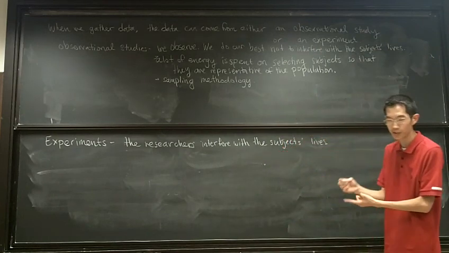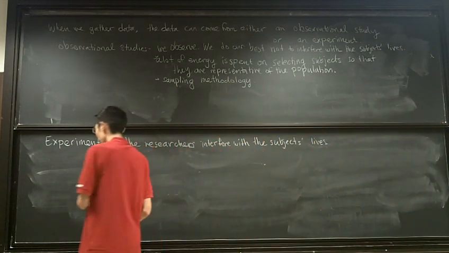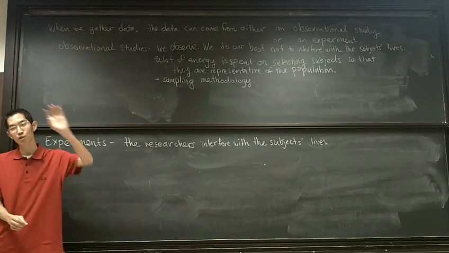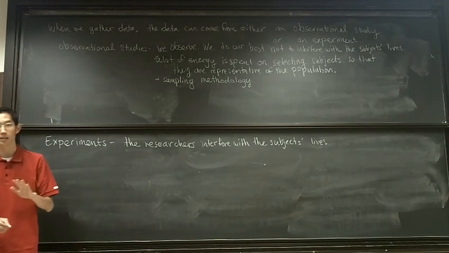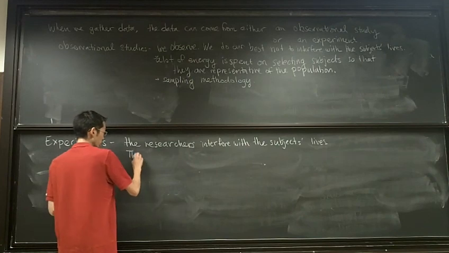Okay. The researchers assign treatments, meaning they tell this group, you are going to receive this drug, and this group is going to receive the placebo. They make that decision. The subjects don't get to choose. Okay.